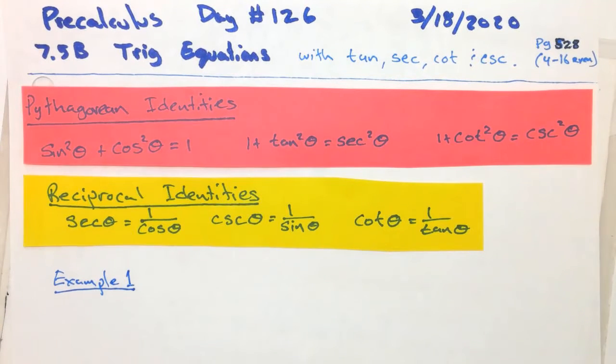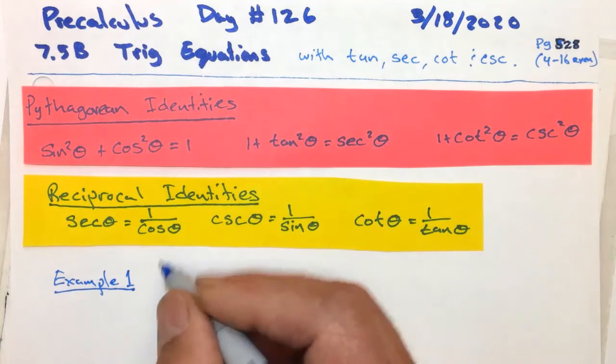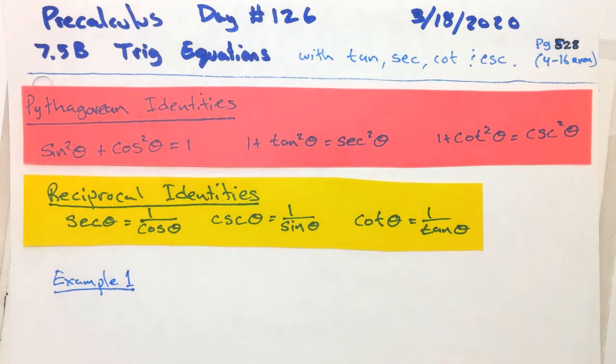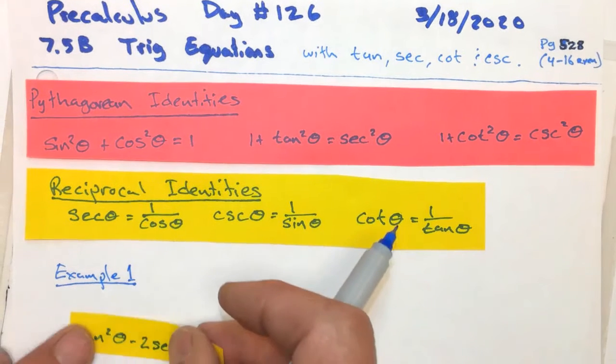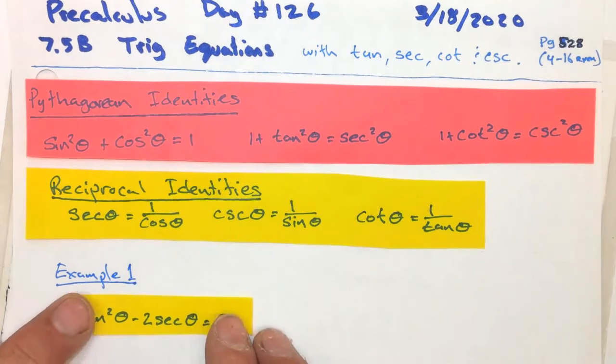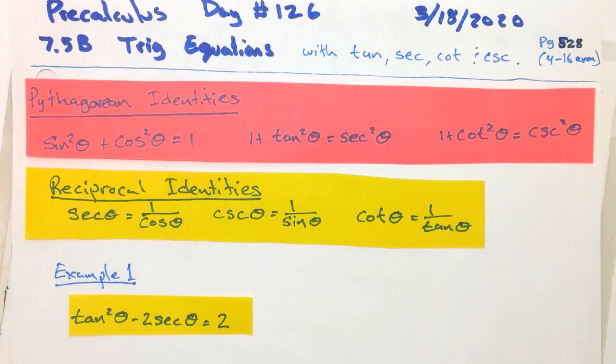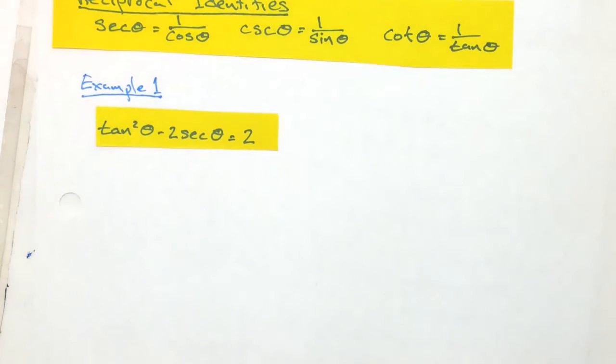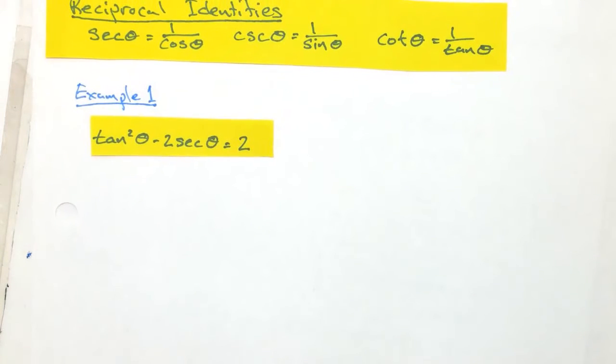Example 1 is, well, I'm not sure what to call it, but here it is: tangent squared theta minus 2 secant theta equals 2. So I'm going to just start off with this one right here.